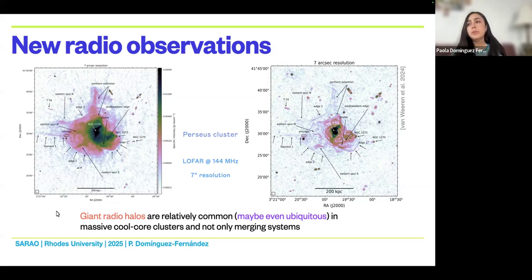Before, we tended to think that these giant radio halos would be mainly found in merging galaxy clusters, right? But this is pointing to the fact that maybe these giant radio halos are going to start to be relatively common also in cool core clusters. It's just that before, we didn't have the capability of seeing that emission extending to larger scales.